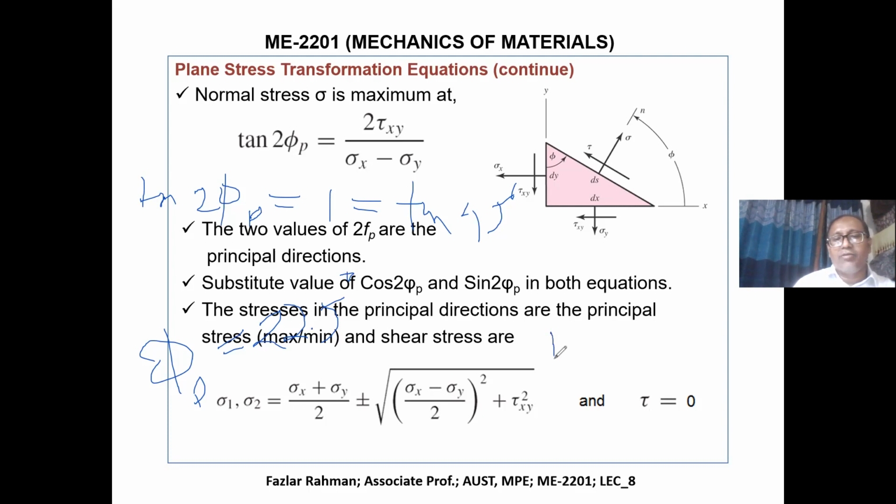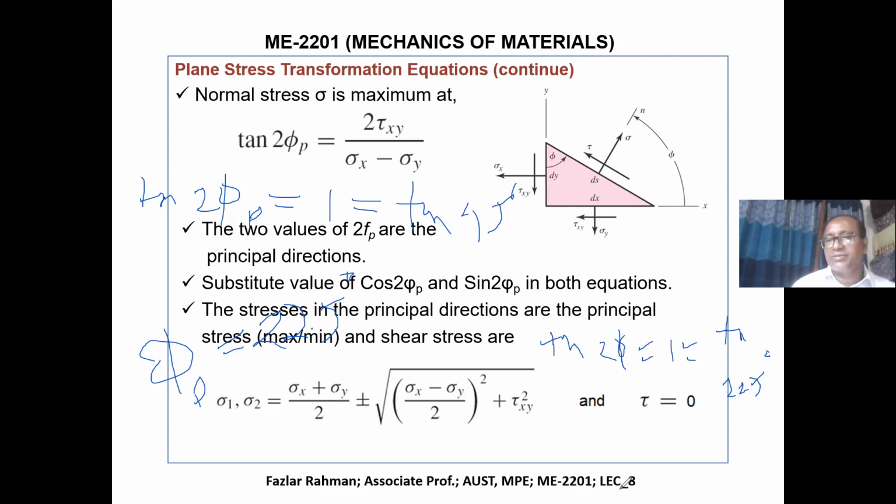Now you write down tan 2 phi equal to 1, and instead of tan 45, you write down 225. So are you wrong or right? Tan 225 also equals 1. What does it mean?